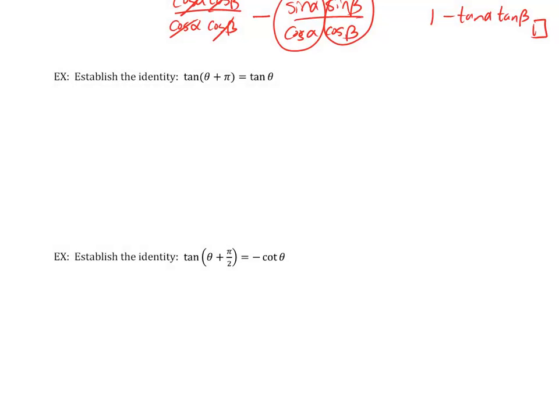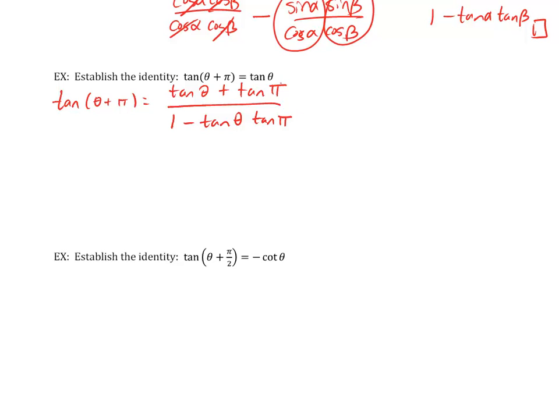This example shows that the tangent of an angle plus pi, in other words, adding 1/2 of a rotation or scooting the tangent function over a distance of pi, when you look at its graph, ends up being the same thing as just tangent. But we can prove that now using our sum formula for tangent. Remember, tangent of theta plus pi would be tangent of theta plus tangent of pi divided by 1 minus tangent of theta tangent of pi.